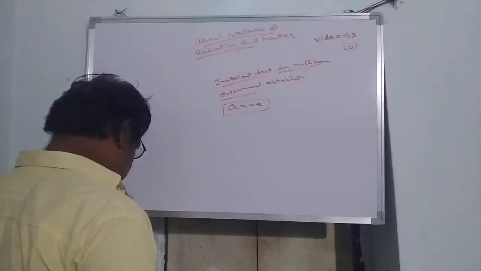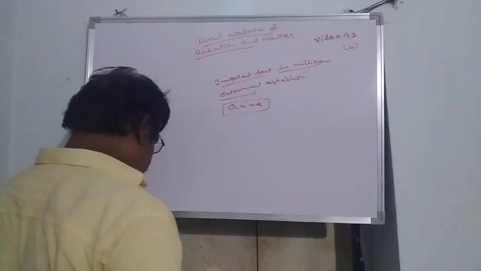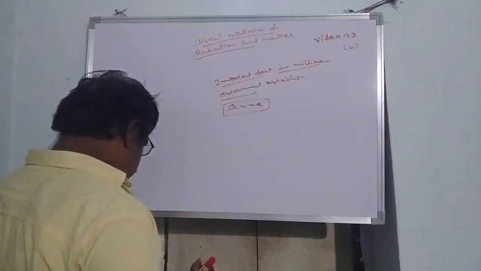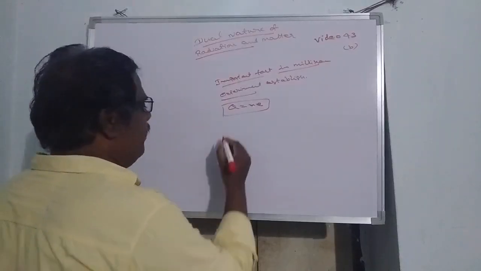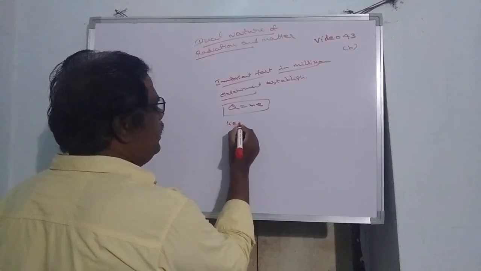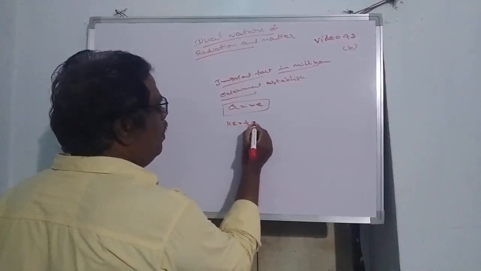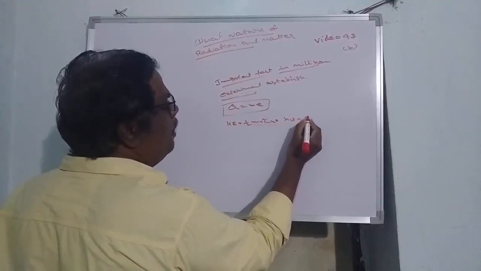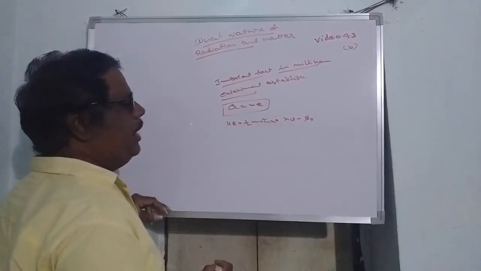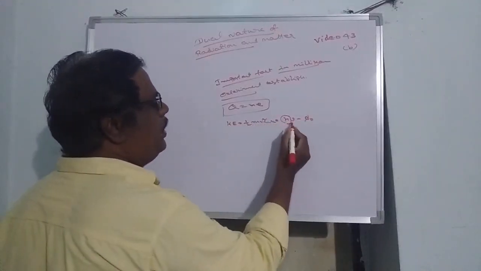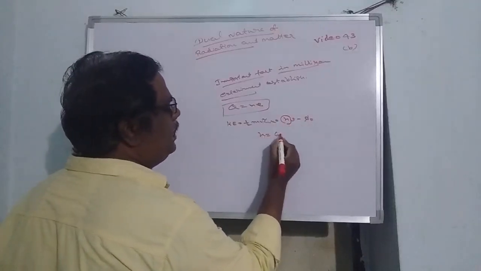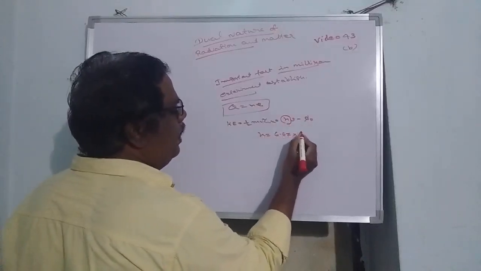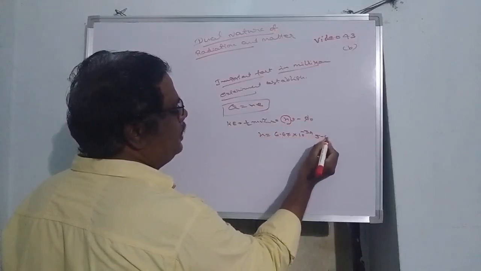Next, important for the Einstein photoelectric equation. Once again, kinetic energy KE max is equal to half mv square max, that is equal to h mu minus phi naught, or W naught. Here h is Planck's constant, which we have to remember: 6.67 into 10 to the power of minus 34 joule second.